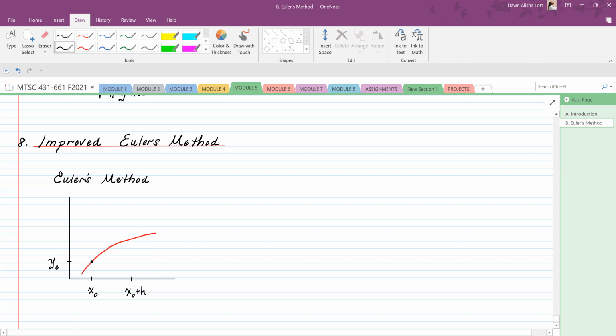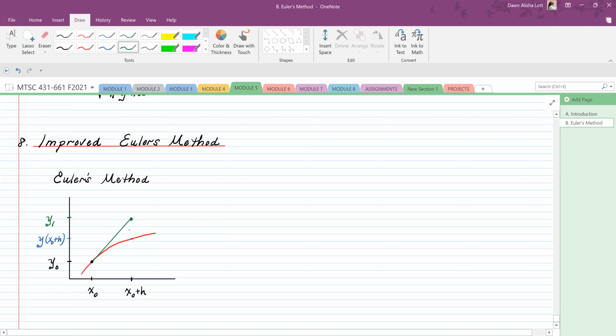Now, the true value of y of x naught plus h is right there. That's the true value. But what we instead are going to do is go out the tangent line to a value right here, and we would take that value as y1.